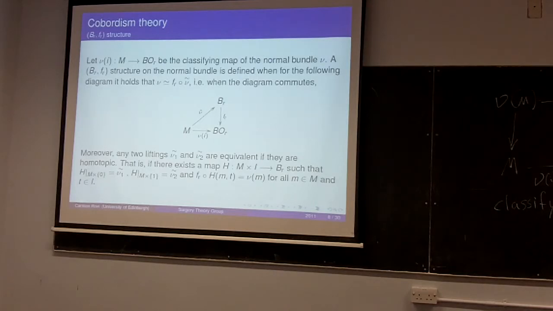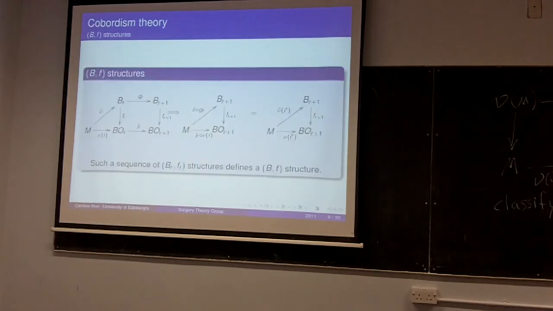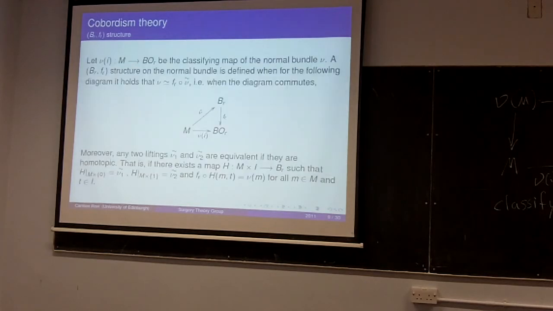Well, what do we have here? In the middle we have a diagram that commutes. So this diagram should commute, and this VR-FR structure is denoted because of the VR up here and the FR up here.